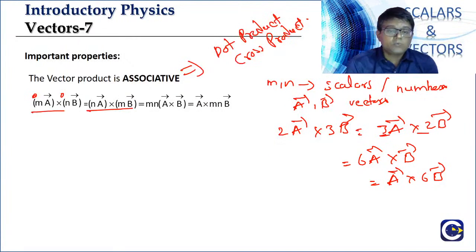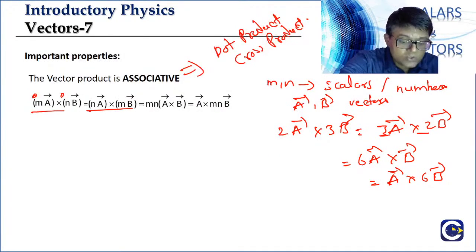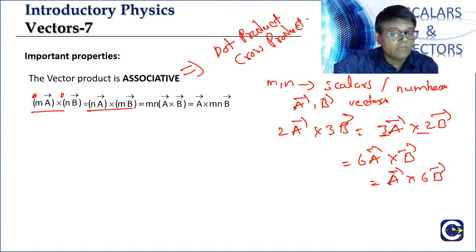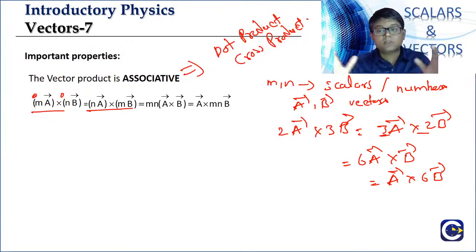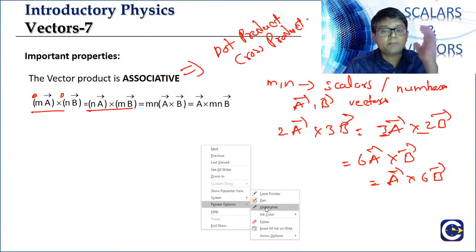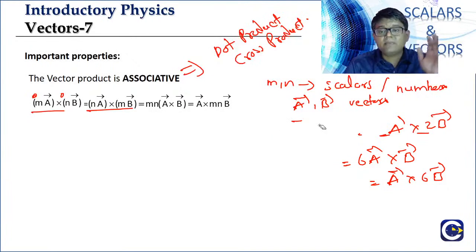This property is what we call the associative law. Remember, we have seen this in the dot product also. That's the main thing: we should be able to keep correlating. Otherwise it will appear like we are seeing a lot of things.